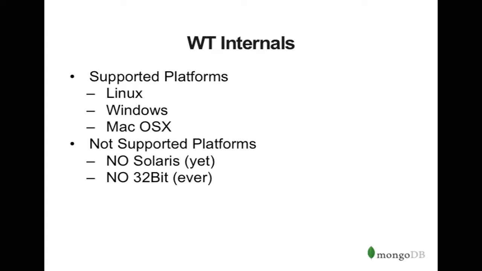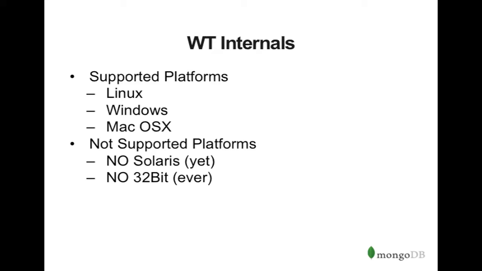Other major changes are, as of the 3.0 release, we no longer support 32-bit versions of the server. We still produce 32-bit versions of the server, but only for testing and development purposes. From a support perspective, no one should be running MongoDB 3.0 on 32-bit systems.